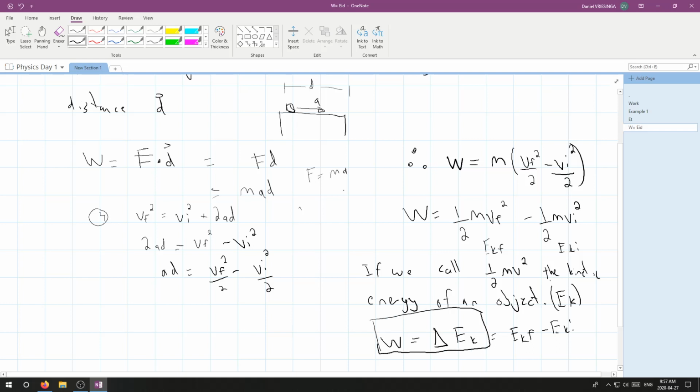Okay, so this formula here is what all this work was for. It's saying that the work, which is equal to the force dot the distance, is also equal to the change in the kinetic energy. So what we were trying to do is basically relate all of our new energy stuff into our kinematics unit.